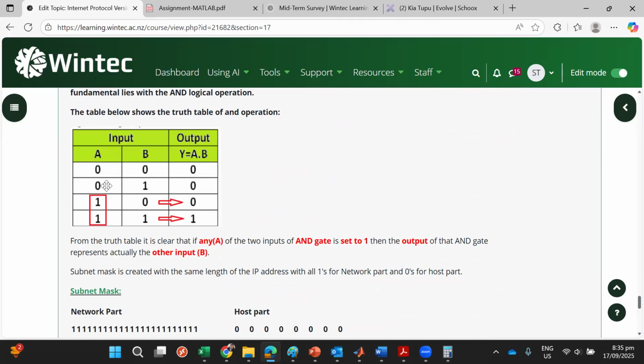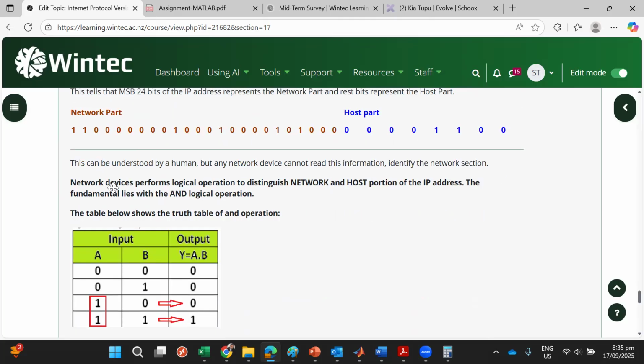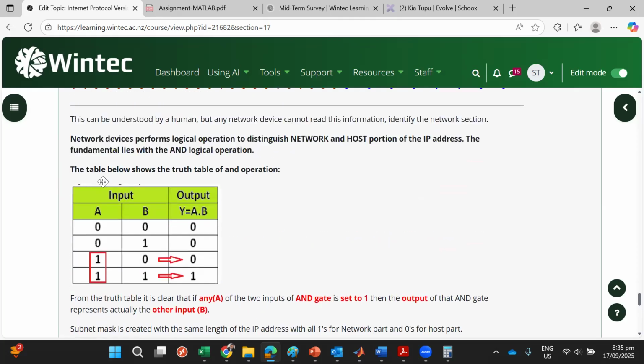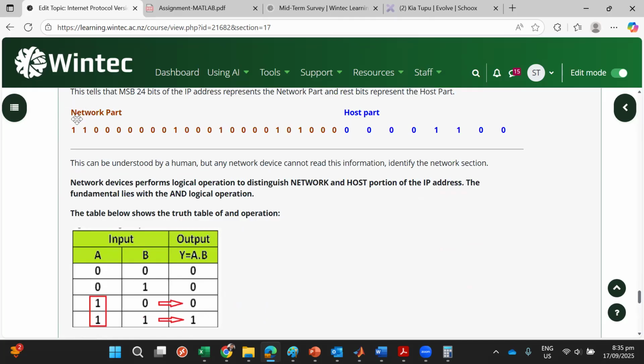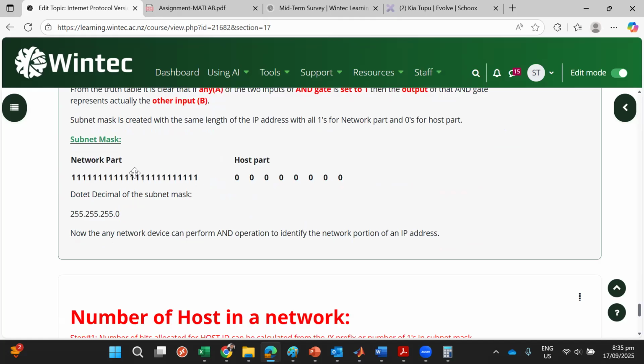So that is the fundamental of how the network device identifies the network part. As I mentioned, in order to identify it, I need to set the network part to 1. That is done by what is called subnet masking. So we prepare the corresponding mask address for the IP by setting the network part to all ones and the host part to all zeros.